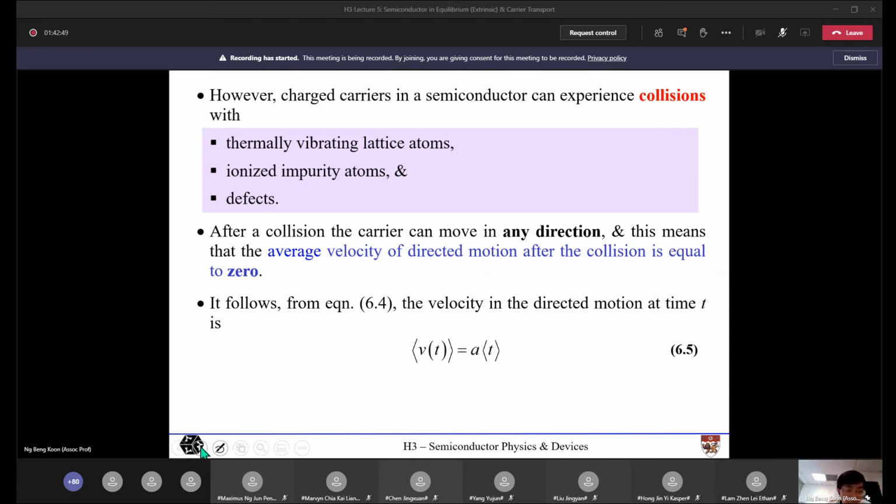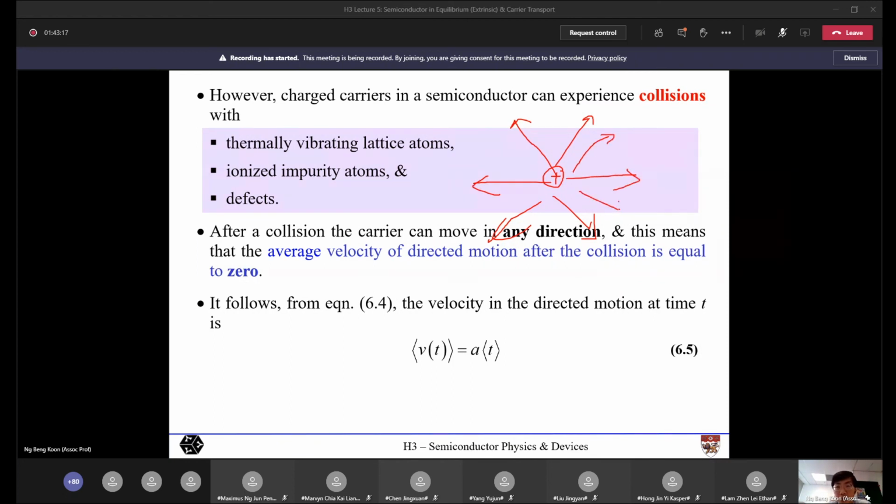If you consider all the possibilities, let's say you have a hole that is initially moving in a certain direction. When it interacts with one of these processes, it could be scattered in this direction, or in another direction here, or here. This process is essentially random, or it could also be scattered in the same direction.